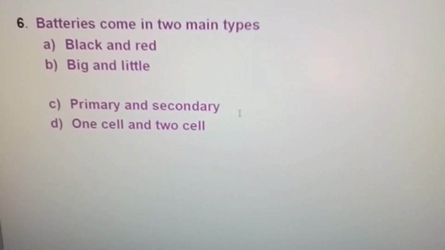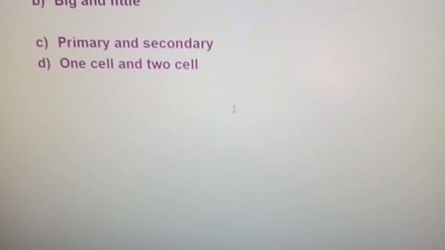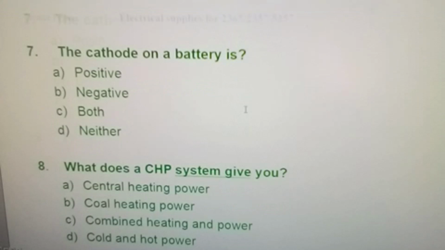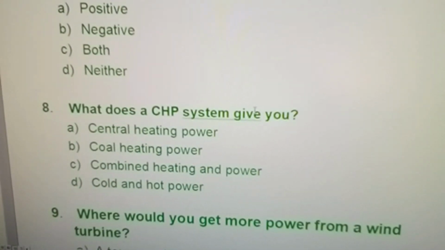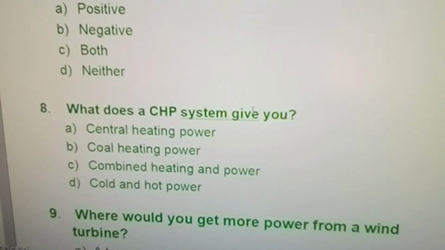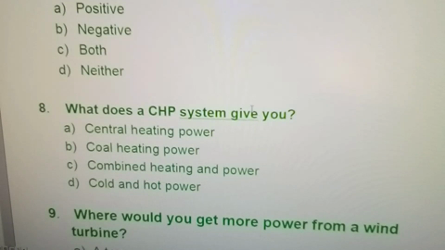Okay. Batteries come in two main types. Basically, maybe they come in black and red, I have no idea. But again, look back at the information given. The cathode on a battery is what? It could be both, I have no idea.